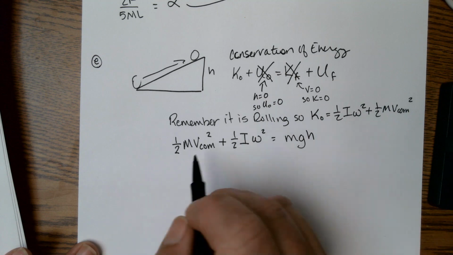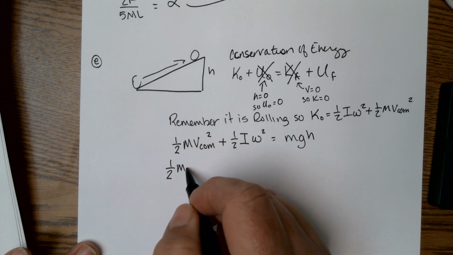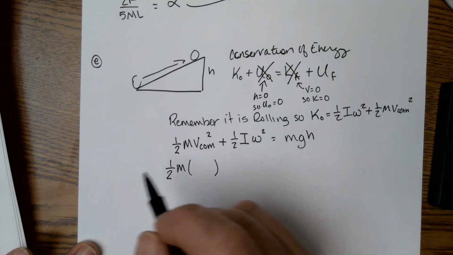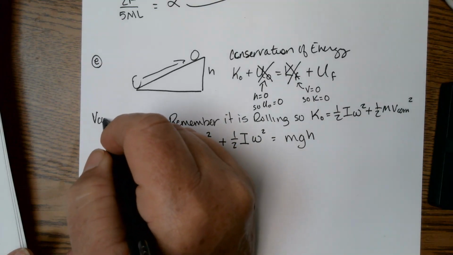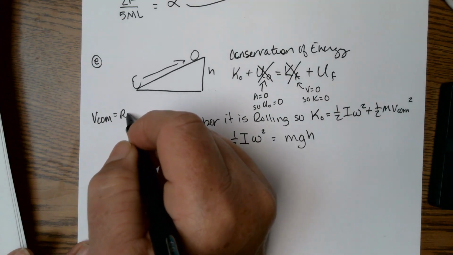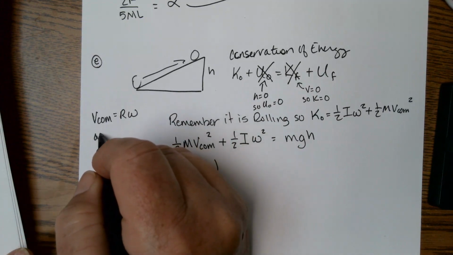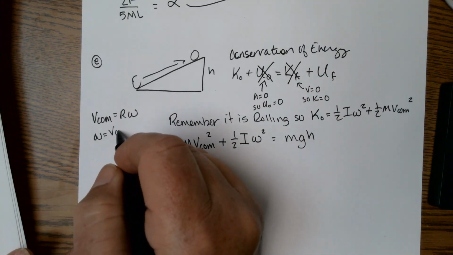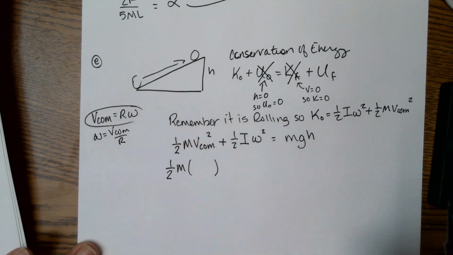Okay? All right. So I get 1/2 m. Now this is where I'm going to do a little bit of something weird. They wanted it in terms of omega. So if you remember that v com equals R omega, so omega is v com over R, and that's what we usually sub in, but this time we're going to sub in this one.